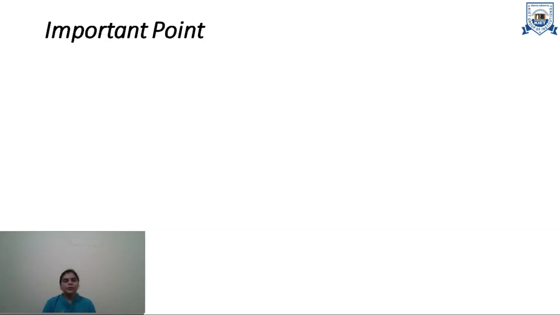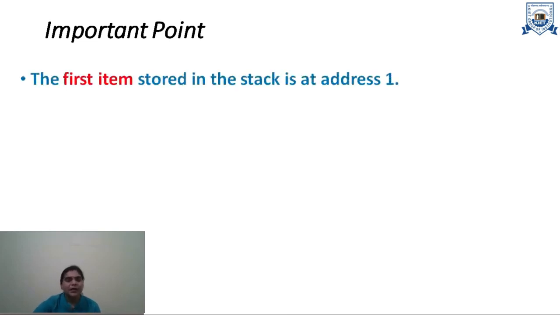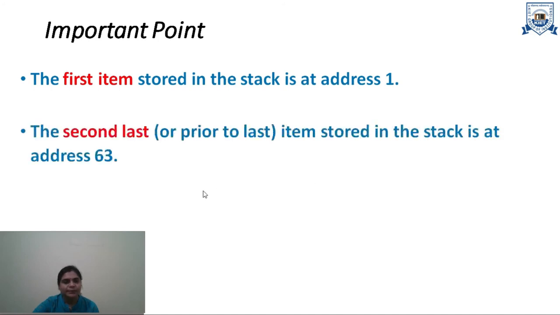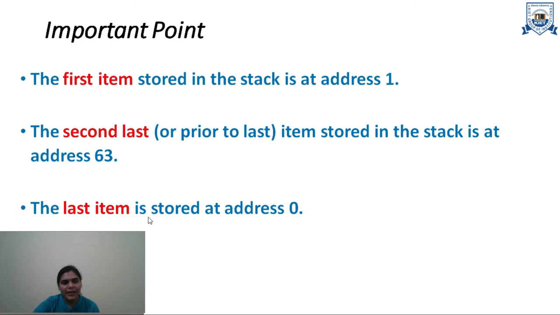Some important points from the last discussion are: the first element in the register stack will always be stored at address 1, the second last element will be stored at address 63, and the last element will be stored at address 0. Now the question comes: when the second last element is inserted, the next last element will be inserted at location 0.